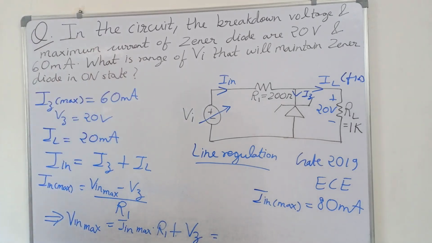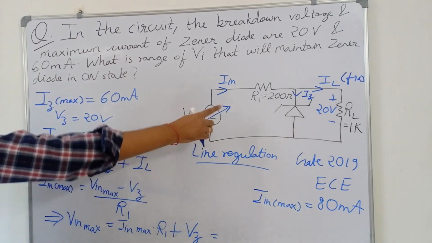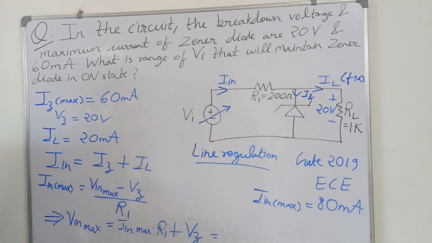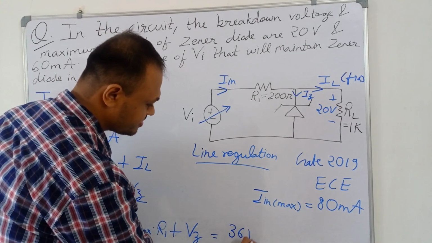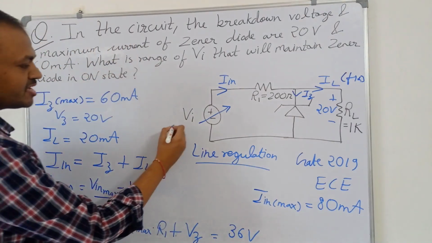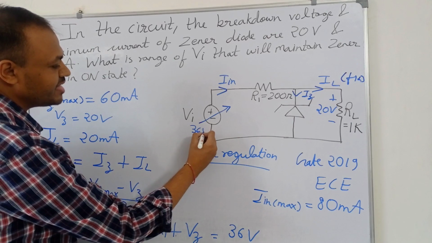If you solve it, Iin value is 80 milliampere, R1 is given as 200 ohm and Vz is 20 volt. So 80 milliampere into 200 ohm is equal to 16 volt plus Vz 20. So this will be equal to 36 volt. So Vin maximum value is 36 volt, we have found out.